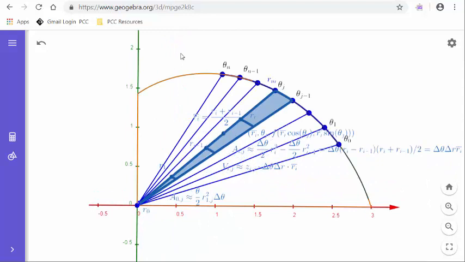we take our region, we are going to slice it up every delta theta. So all of these blue lines are cutting up the region every delta theta. So I've got my theta naught all the way to theta sub n. We've cut it up into n slices. Essentially it's just going from this first blue line to the last blue line.